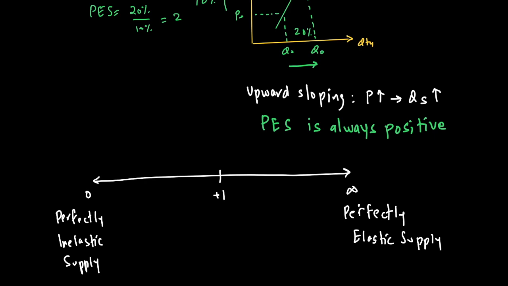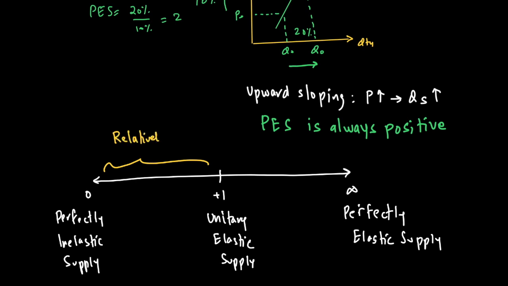And in between, we have unitary elastic supply, where PES is equal to 1. Between 0 and 1 is inelastic or relatively inelastic supply, while above 1 it's relatively elastic supply.